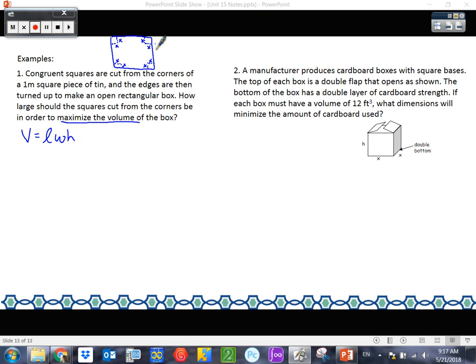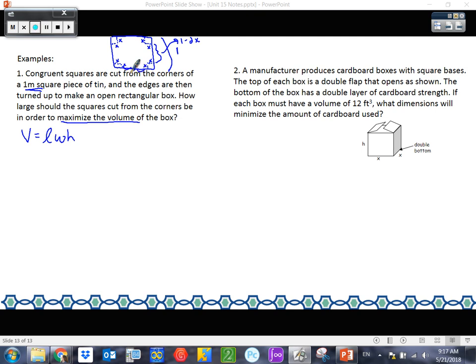So this portion right here, you can call it length. This whole piece is 1 because it's 1 meter square, right? So this whole thing is 1. So to get to this, it would be 1 minus x, right? 1 minus 2x. So this portion is 1 minus 2x. Does that make sense? We okay with that? Okay.